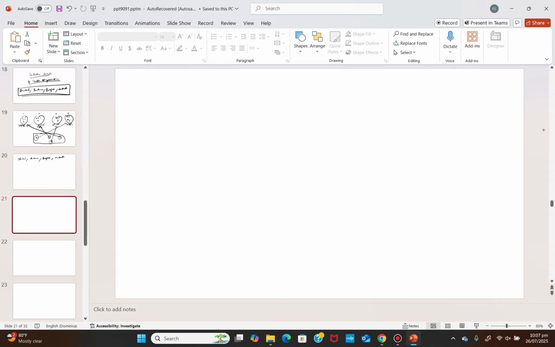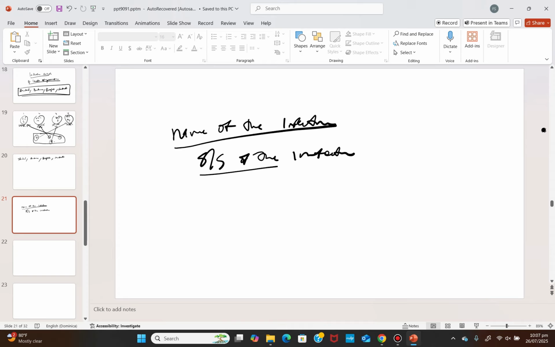The NCLEX can give you the name of the infection, or they give you the sign and symptom of the infection. For example, let us say TB, tuberculosis. That's the name. Sign and symptom: night sweat.